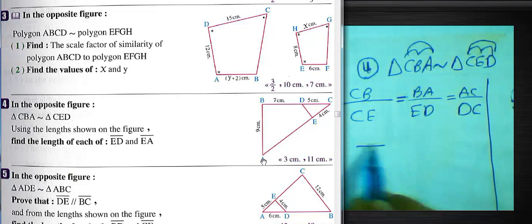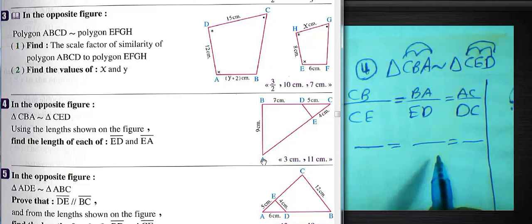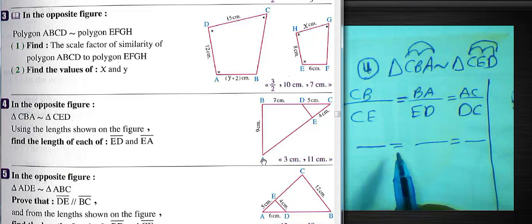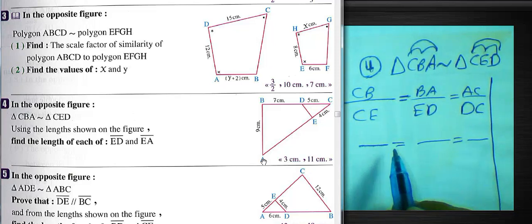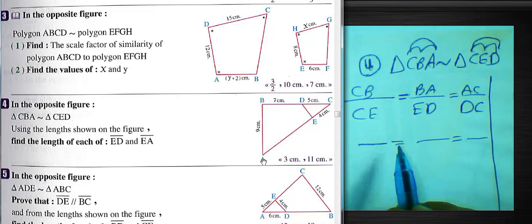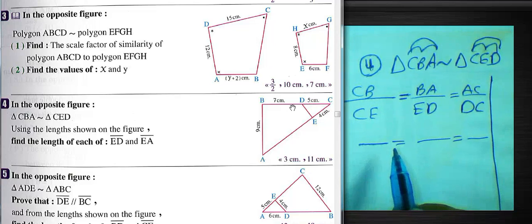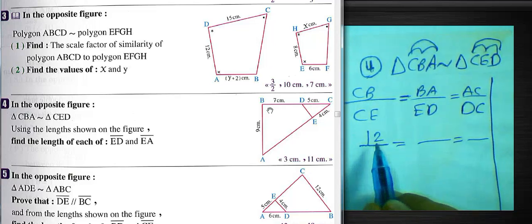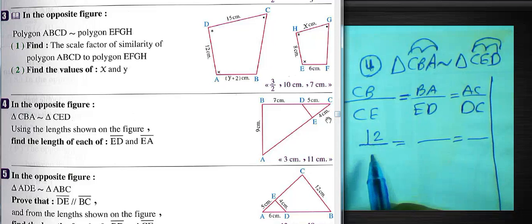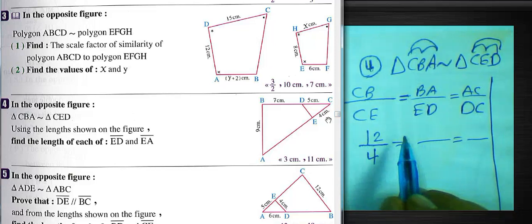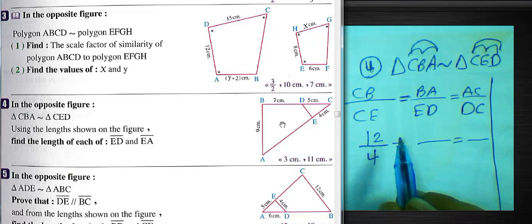and then we can find the unknown by putting the lengths from the figure. CB equals, look here, 5 plus 7 equals 12, CE equals 4, BA here 9.